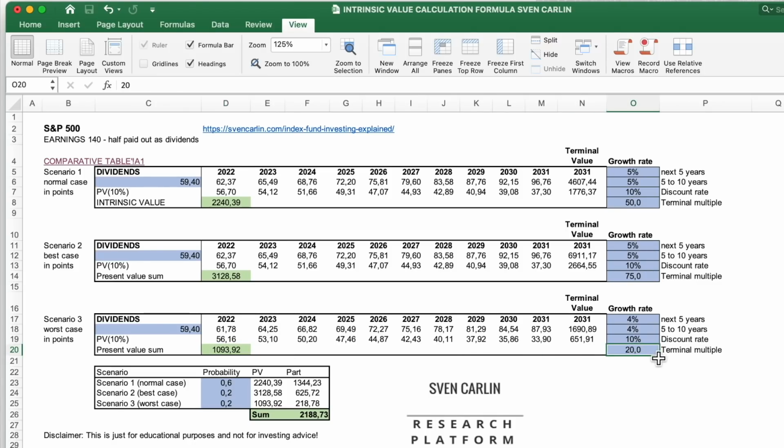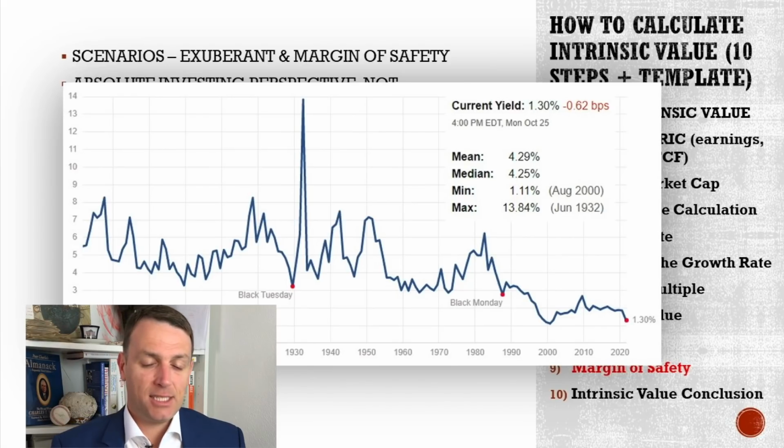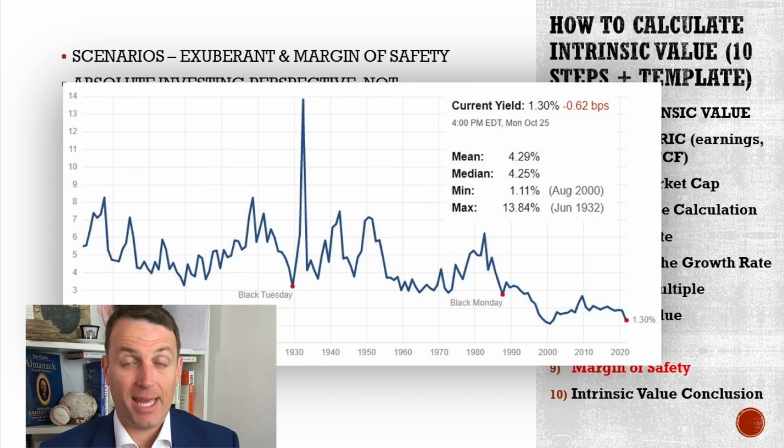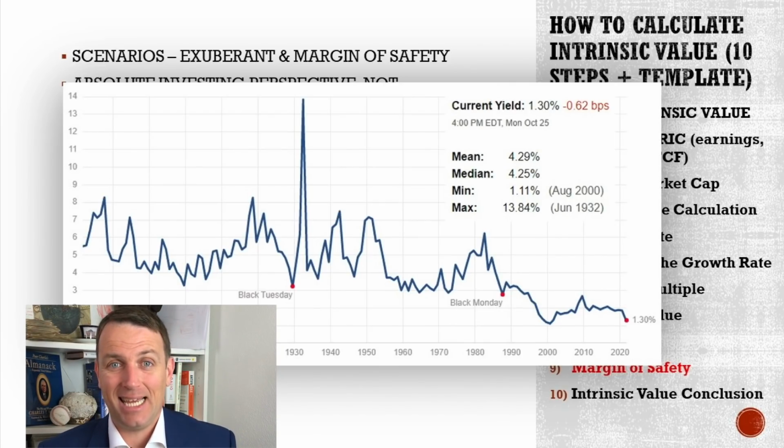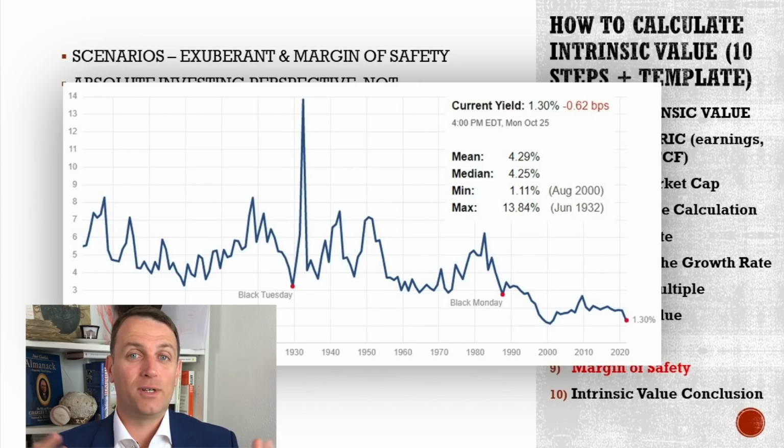If I'm happy with that, then I should not put more than 1,000 points to buy an S&P 500 index. The message is always be conservative, and then even if in your most conservative scenario the stock is a buy, then you might really think, okay, I'm onto something here. And if you get one opportunity like that in a few years, over 10-20 years, you will be very, very well off, not to say rich.